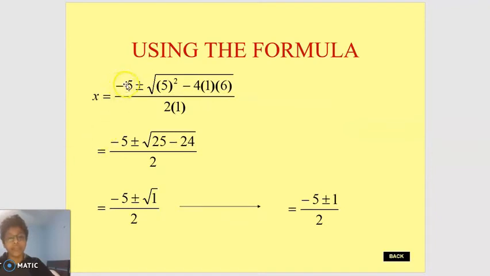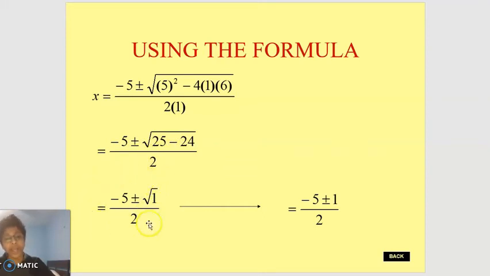So we have negative 5 plus or minus square root of 5 squared minus 4 times 1 times 6 all over 2 times 1. We can multiply these numbers out, and we get negative 5 plus or minus square root of 25 minus 24 all over 2.